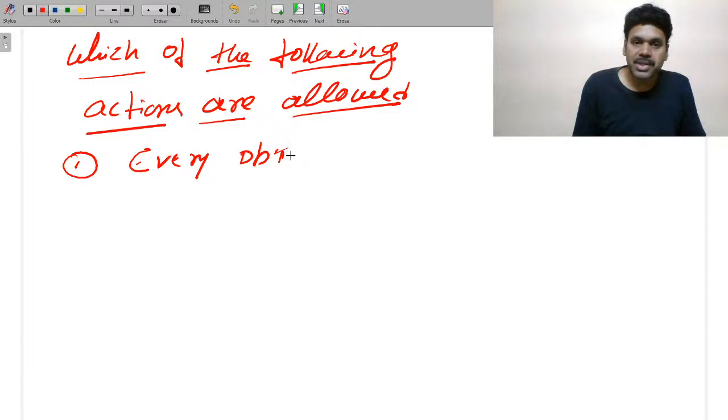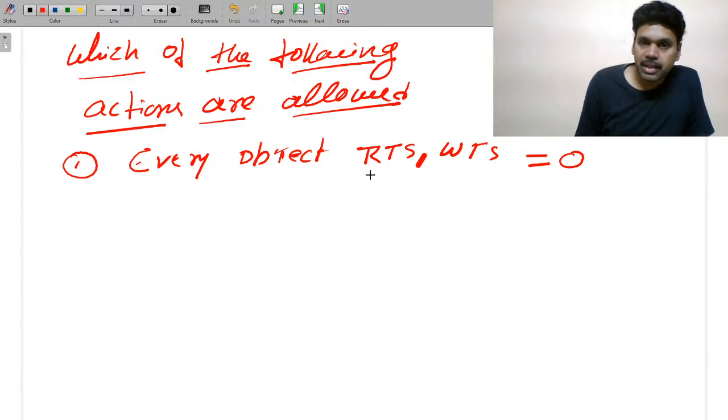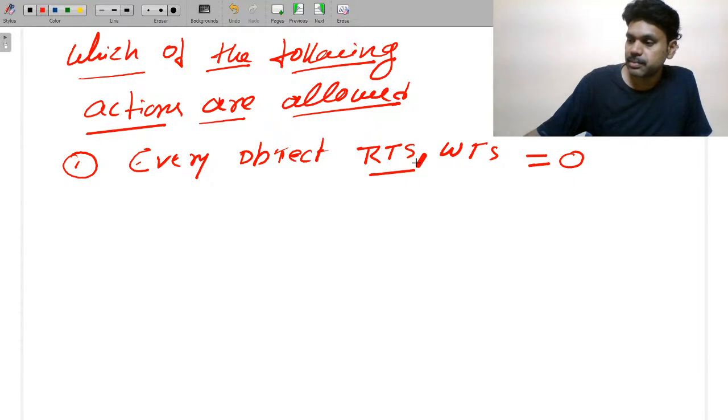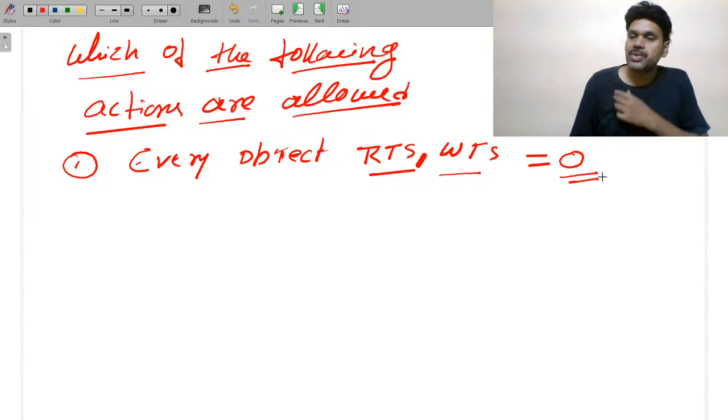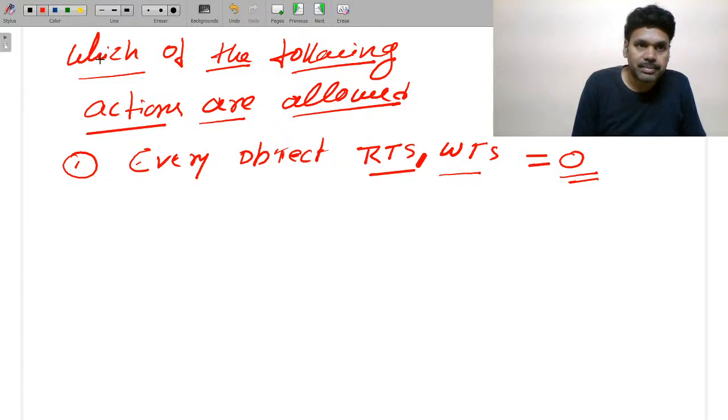Every object's read timestamp and write timestamp starts with 0. Now you observe carefully. So object A, object B, object C, all objects, the read and write timestamp values are zeros only at the start. Now which of the following are allowed? Understand.